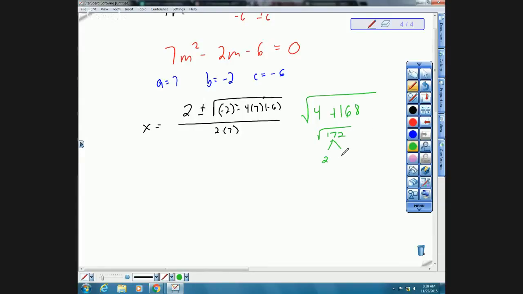You don't have to try to get a big number to start. 2 and 86. 2 and 43. So 2 square roots of 43. So now that I've simplified that, do 2 plus or minus 2 square roots of 43 over 14.